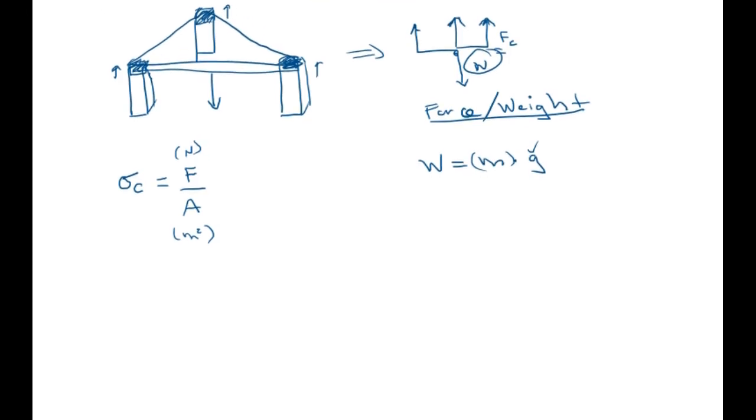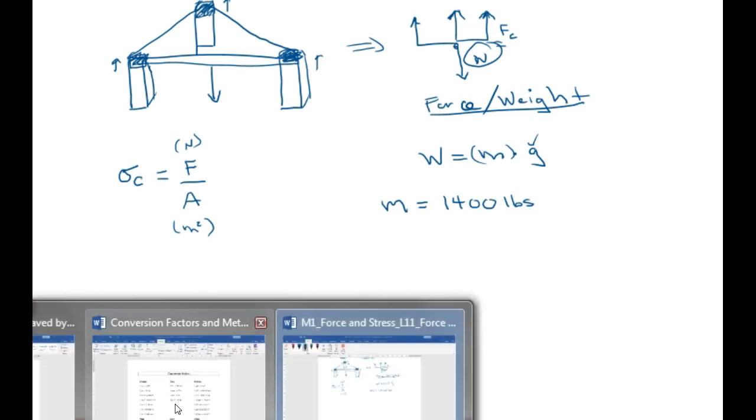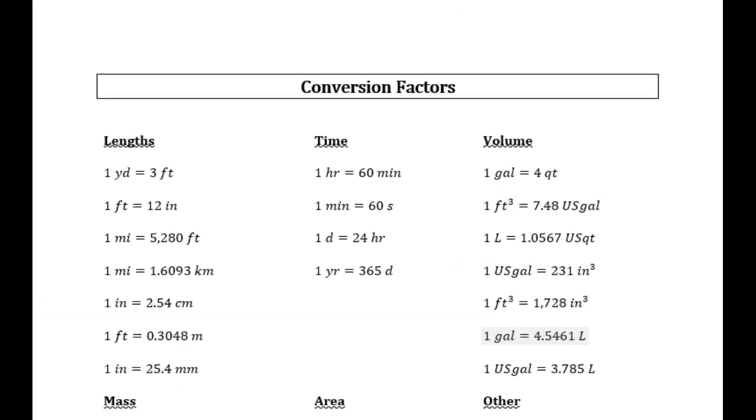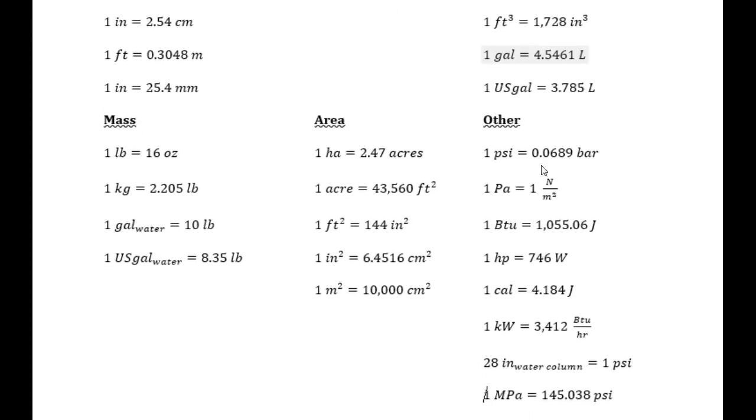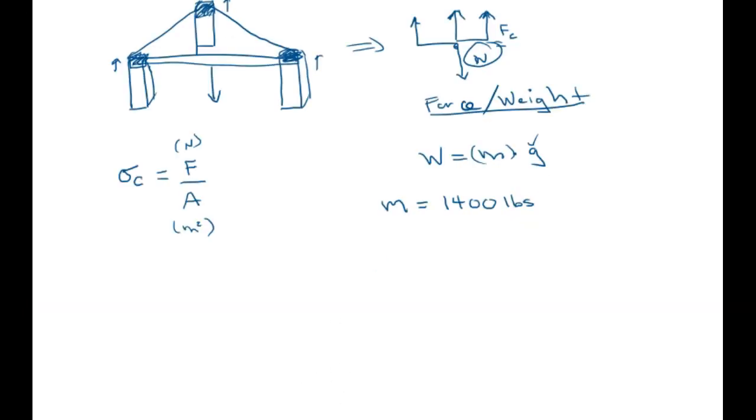So let's do our conversion first. Our mass is 1,400 pounds, and we can go to our conversion chart and see that 1 kilogram is 2.205 pounds. So let's do a conversion to kilograms.